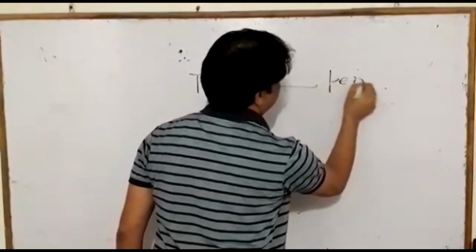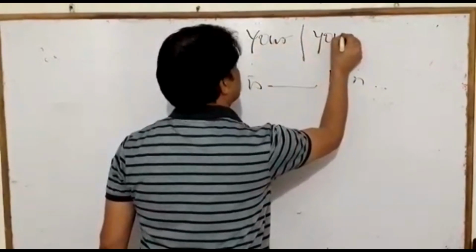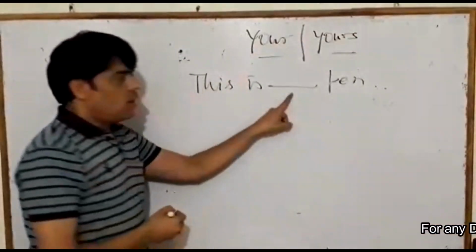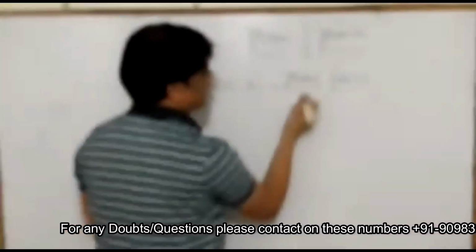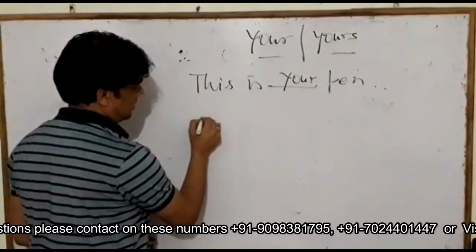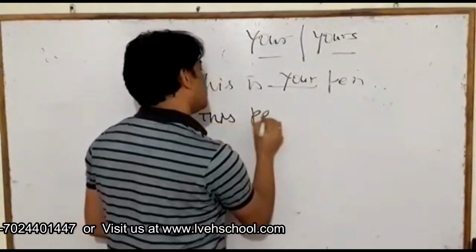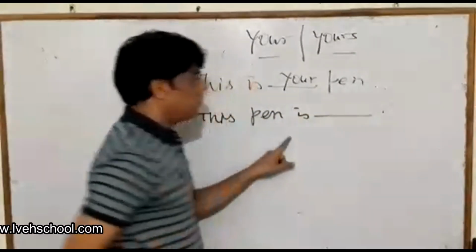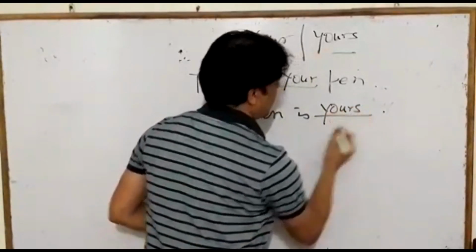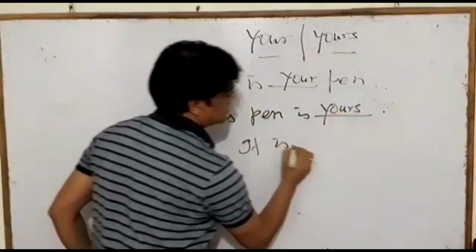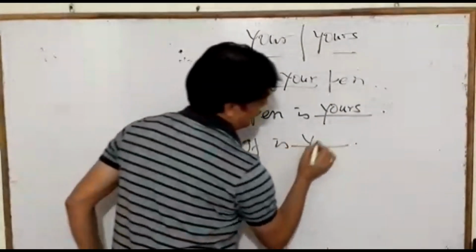This is your or yours. What will we fill? This is your pen. Now this pen is yours. What will we fill? Yours. Or if I say it is, what will we fill? Yours. The noun is not given.